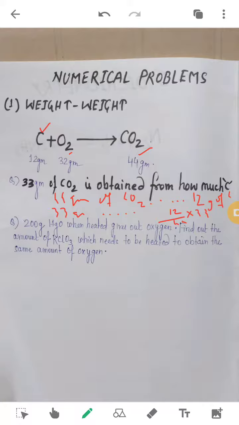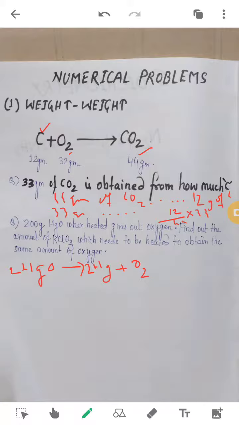Now what we are going to do is HgO. This is mercuric oxide. Now this gives us Hg plus O2, and I have to balance it. This is how I have balanced it. Now, this gives out oxygen as it is told in the reaction.